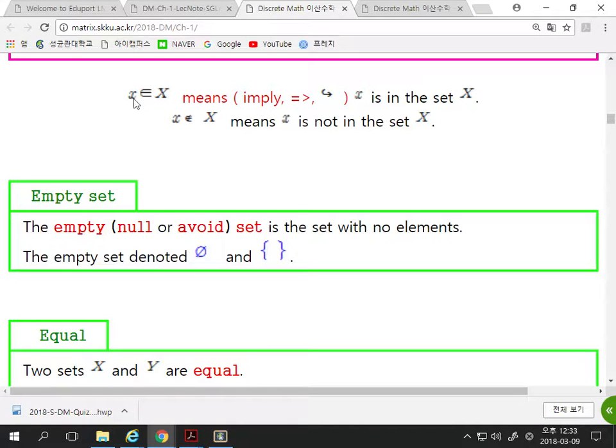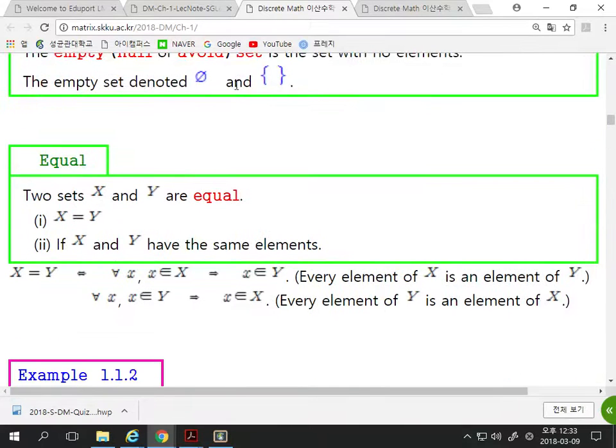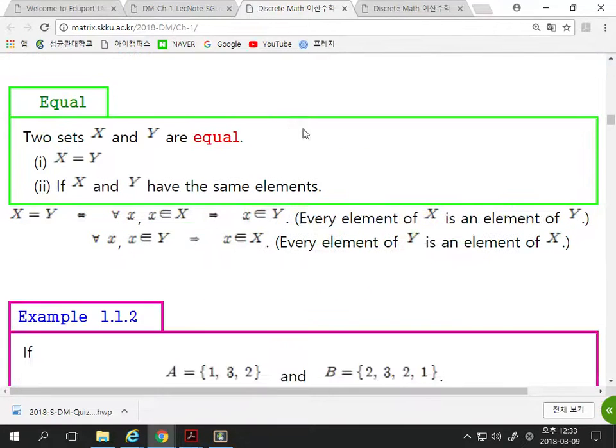Also, x ∈ X means x is an element in the set X. This means implies, and these notations are all the same. Here you know the empty set, and this is the notation for the empty set.